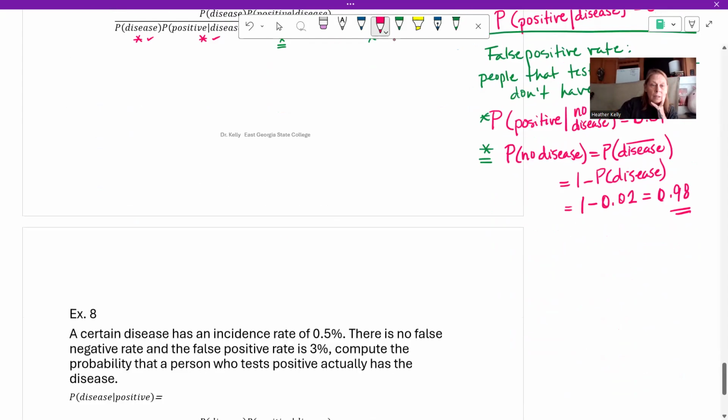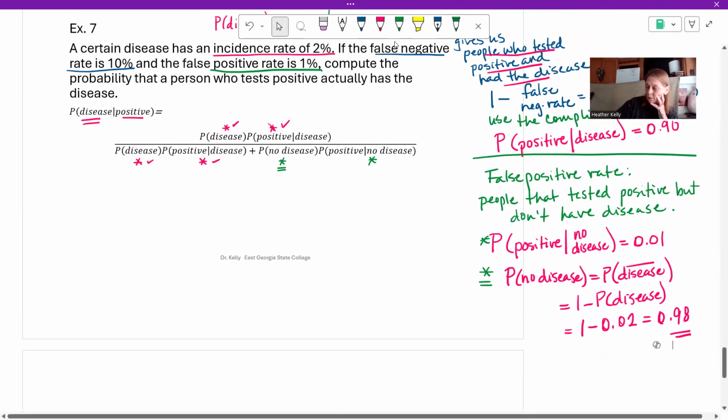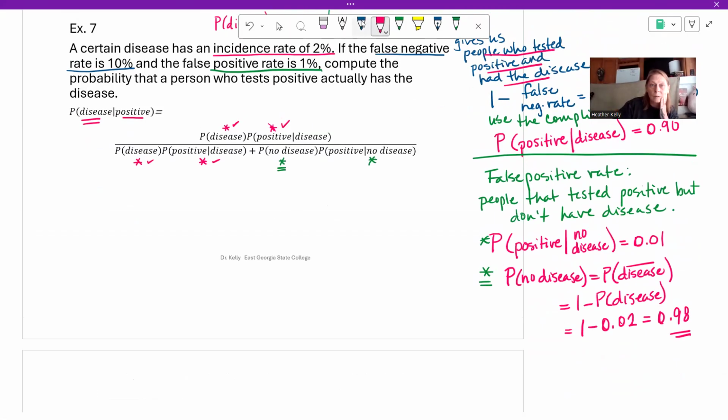All right, and then we'll just plug it in here.